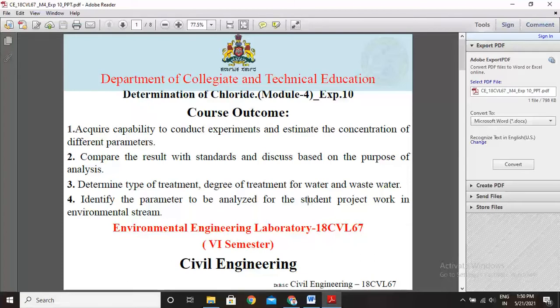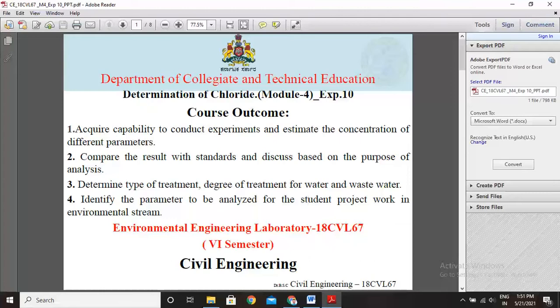Today's course outcomes for this experiment, as well as the subject, are four. First, acquire ability to conduct experiments and estimate the concentration of different parameters. Second, compare the result with standards and discuss based on the purpose of analysis.